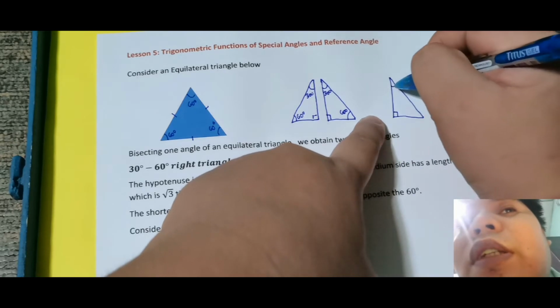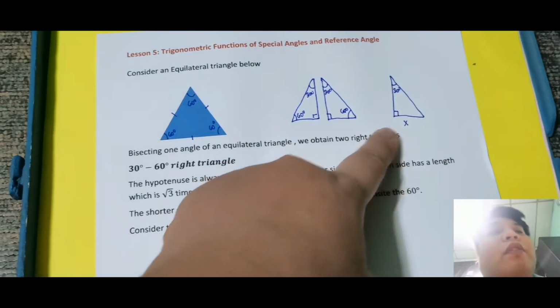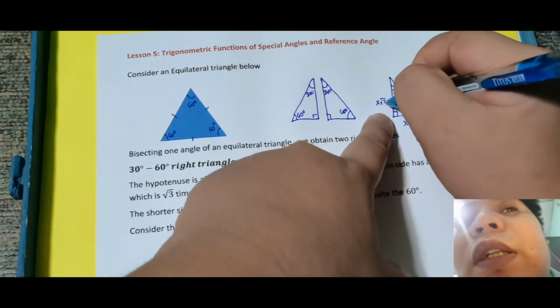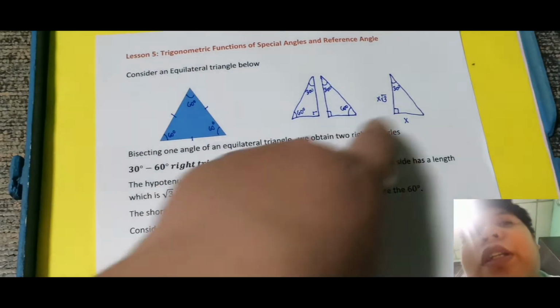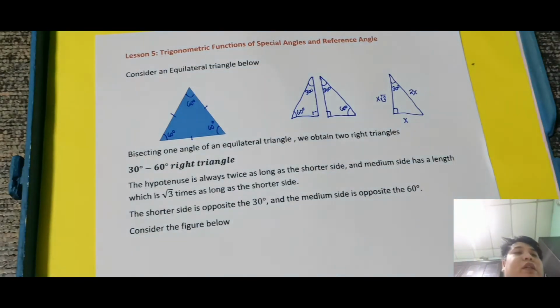Okay, yung shorter side yung lagi opposite ng 30 degrees. So whenever ito yung x, sabi niya yung medium niya is x square root of 3. Then sabi niya yung kanyang hypotenuse is twice as long as the shorter side. So this is 2x. So yan yung ating 30 degree, 60 degree right triangle.